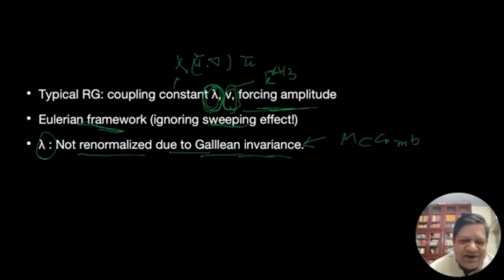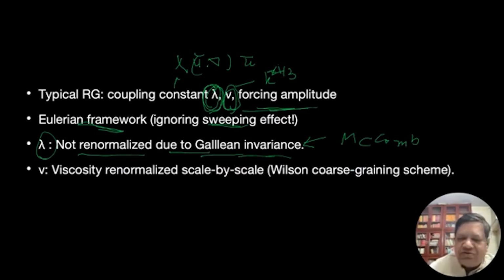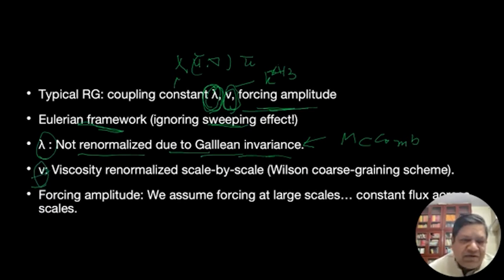So we are going to see how viscosity nu changes with scale. I said before, my forcing is at large scale. It supplies energy flux, and we are not looking at forcing at intermediate scale. So this is also gone. Among the three parameters, I just need to focus on nu renormalization, which is interesting. We don't need to worry about the other two.